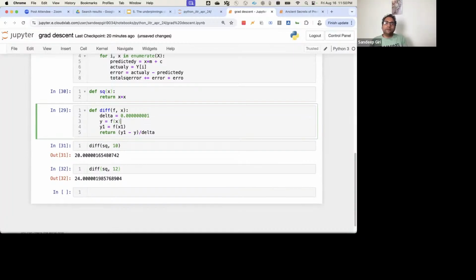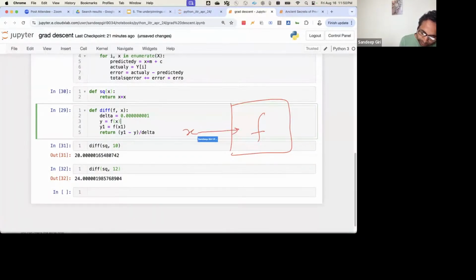Okay, so everybody on the same page? The way you should visualize is that there is a machinery called F. We are feeding it X, and we are getting Y from it. So we first fed some value of X, let's say 10, and this machinery is a square, and it gave us 100.